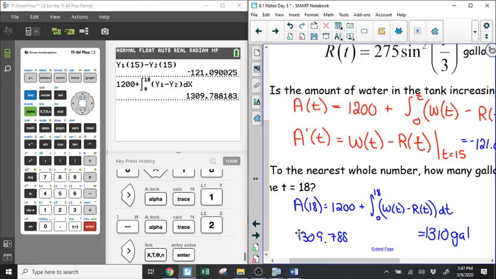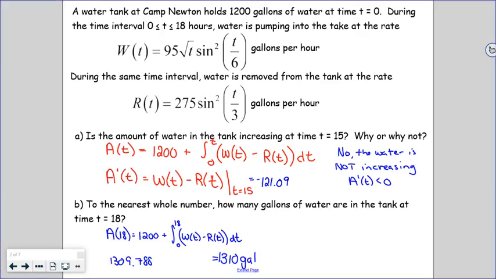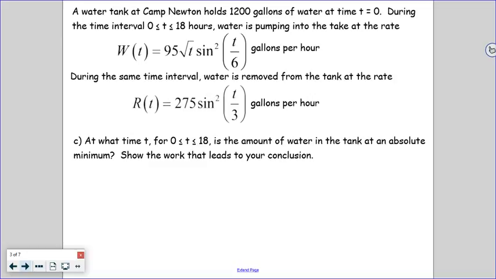We will come back to our calculators. Let me get the next screen though here. Sticking with the same problem, question C. At what time t, for 0 less than or equal to t less than or equal to 18, is the amount of water in the tank at an absolute minimum?